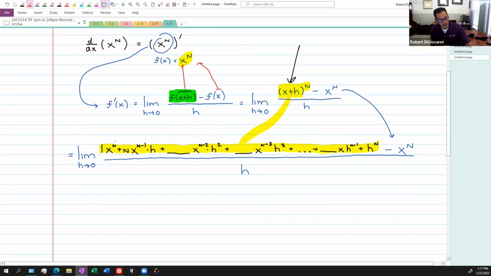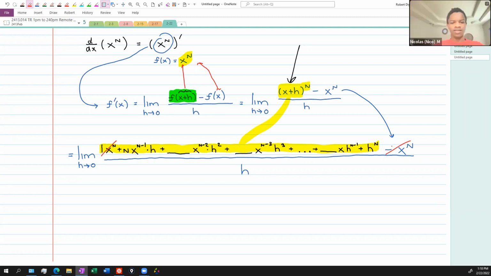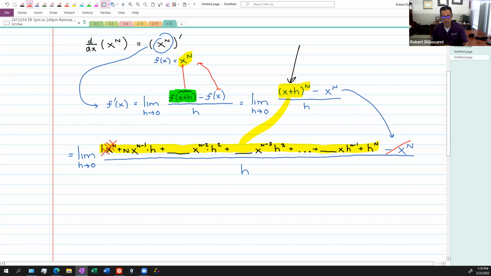Watch. This x to the n up front cancels with the minus x to the n on the back. Those are gone, aren't they? Does anyone see what I can do now that these are gone? Take out the common factor of h.